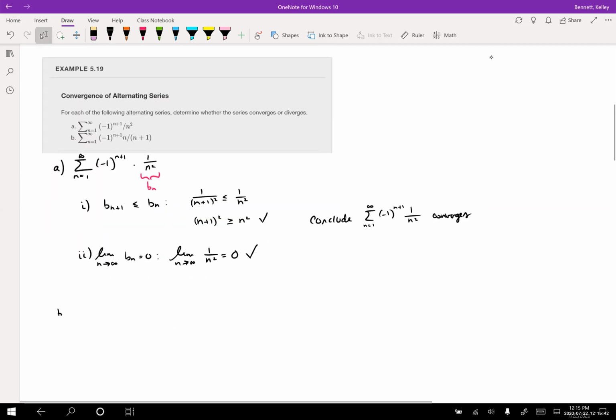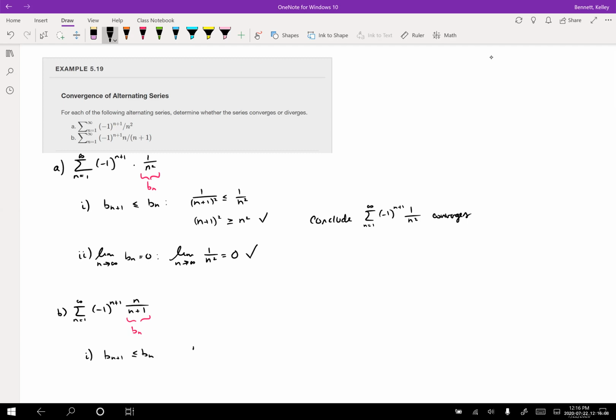In the second example, b sub n is n over n plus 1. So the first thing we want to show is that b sub n plus 1 is less than or equal to b sub n.